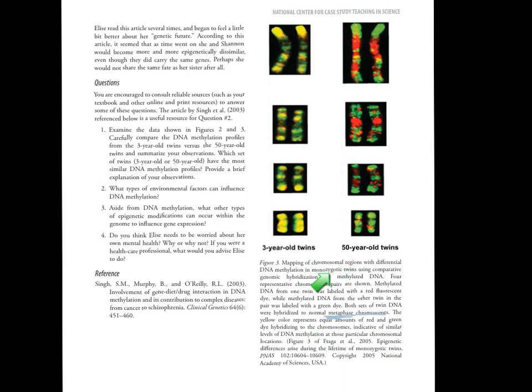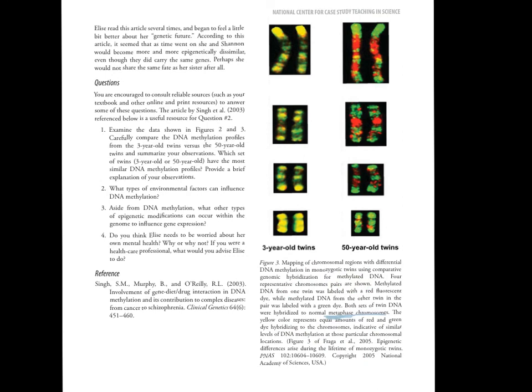Monozygotic twins is the official way of saying identical twins. And hybridization for methylated DNA, we're talking about that hybridization just means that the pigment, the fluorescent molecule, has bonded to the methylated DNA.